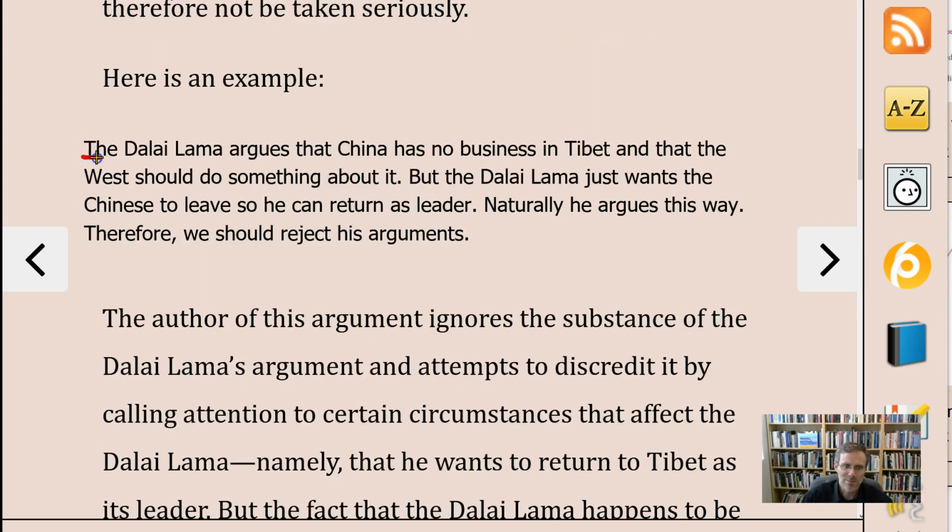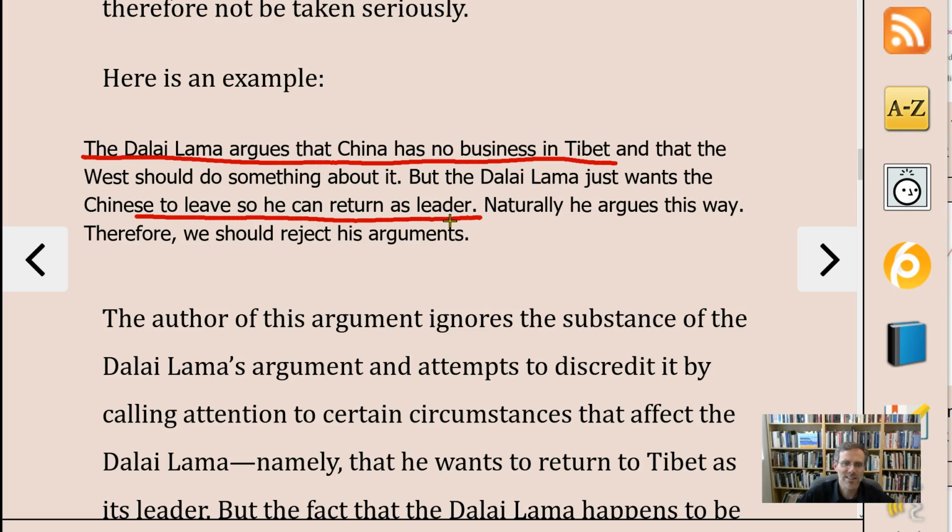Here's an example given by Hurley. The Dalai Lama argues that China has no business in Tibet, but of course the Dalai Lama would say that, because he was the former leader of Tibet.